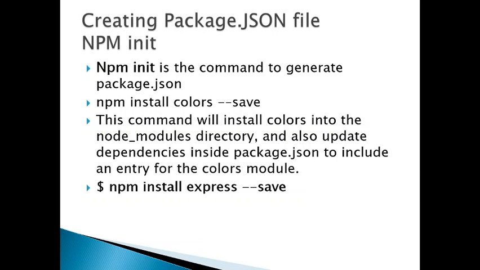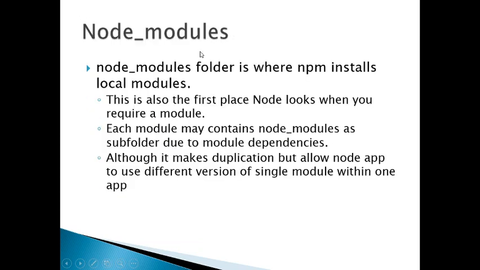It tells the compiler that you want to install this package and also write this package into the package.json file as a dependency. Same with npm install express --save. That means you want to install express and also write the express module into the dependencies of your package.json file. Then the next thing is the node module.